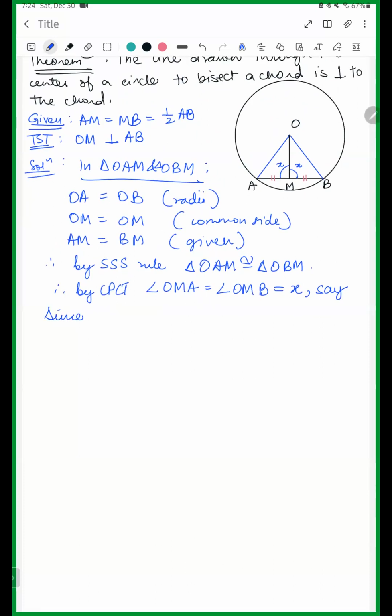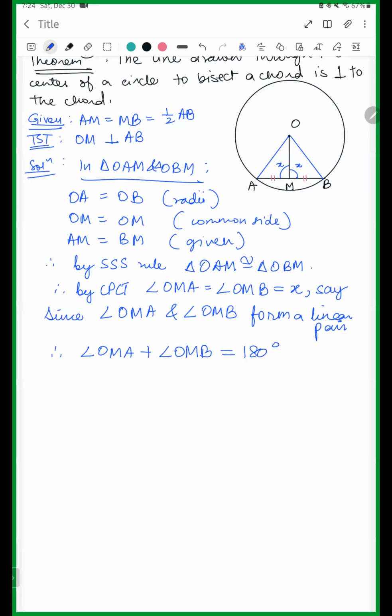since angle OMA and angle OMB form a linear pair, therefore, angle OMA plus angle OMB is equal to 180 degrees. And we have taken them to be equal to x.